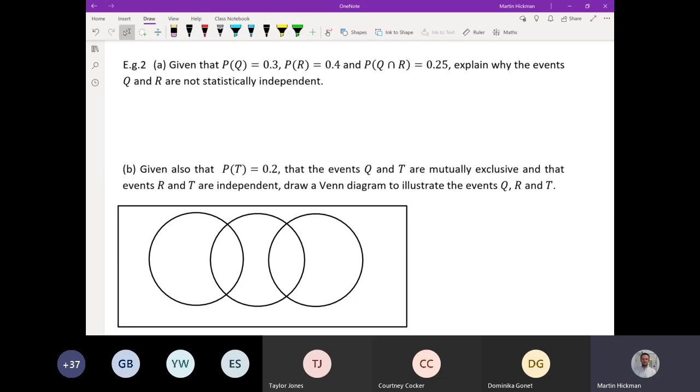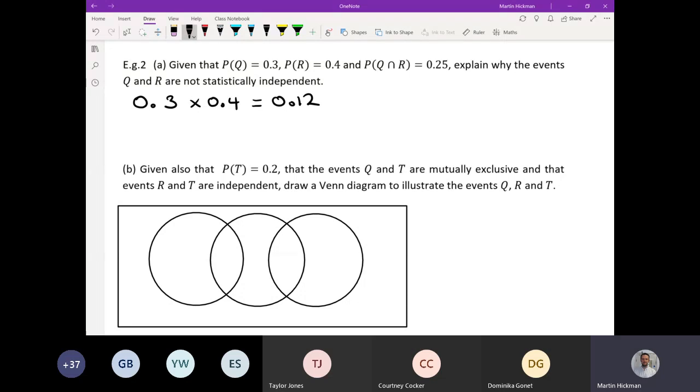Now, if we recall from last week, to be independent, the probability of Q times the probability of R would have to equal the probability of Q and R. So I'm going to multiply 0.3 and 0.4 together, and I get 0.12.